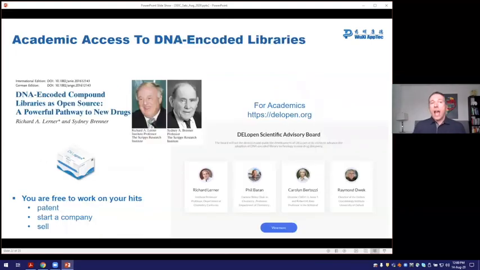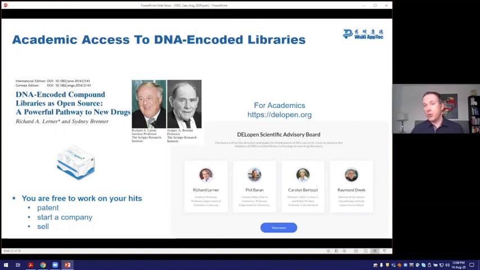Okay, so as a last point, I want to say that if you're a professor or you're with an academic group, you might have a target that you want to screen, and you might think that it's great that DEL works and that DEL can provide drug-like hits, but you might not have access to any DELs to screen. So we at WuXi, we have solved this. You can go to the delopen.org website and you can order a DEL kit for free.